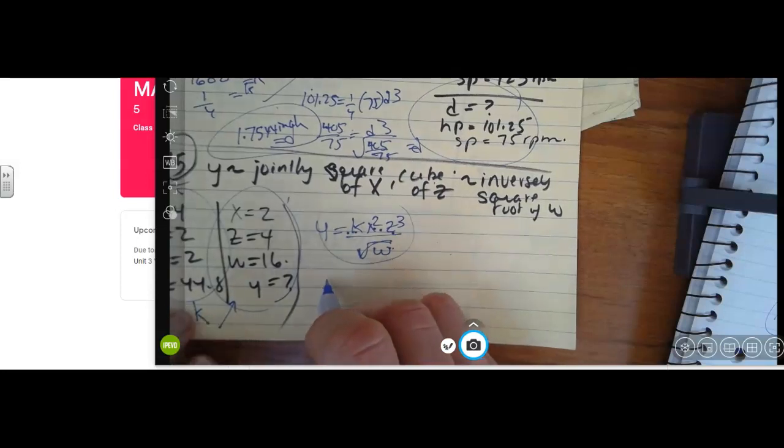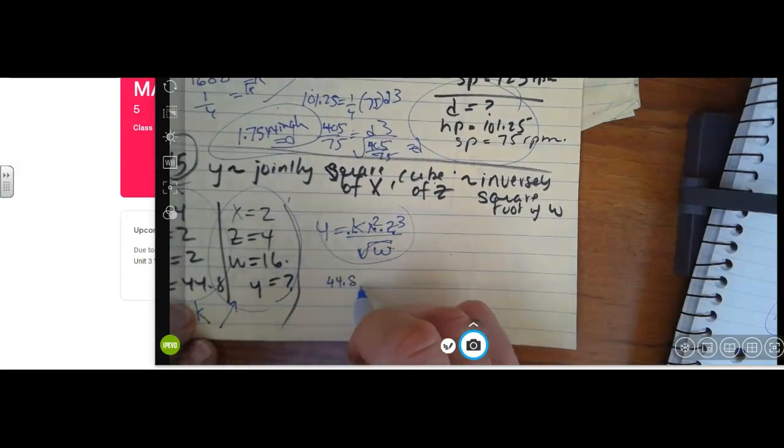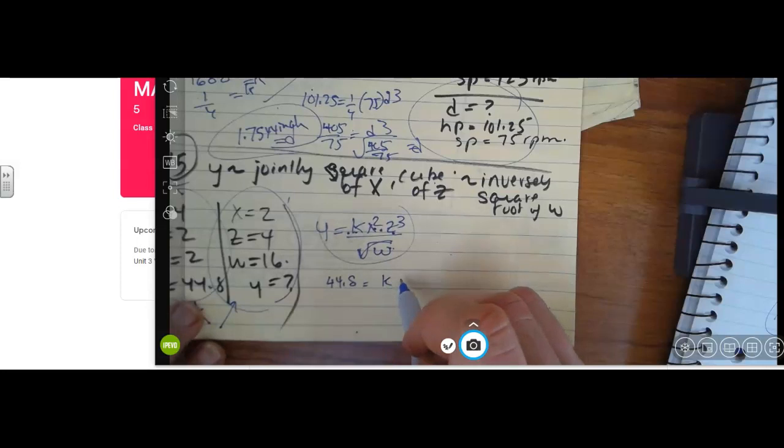So we're going to have y, which is 44.8, equals k, which we're trying to solve for, and then 16 times z cubed, which is 8, all over the square root of 2.